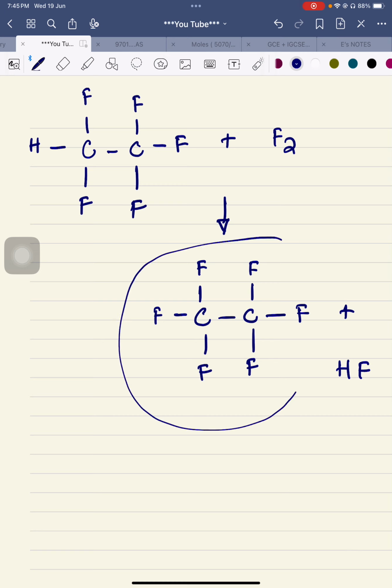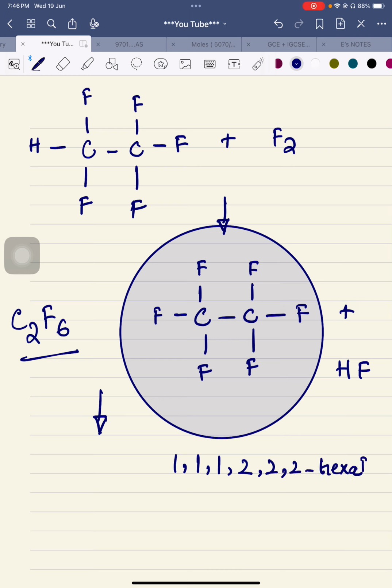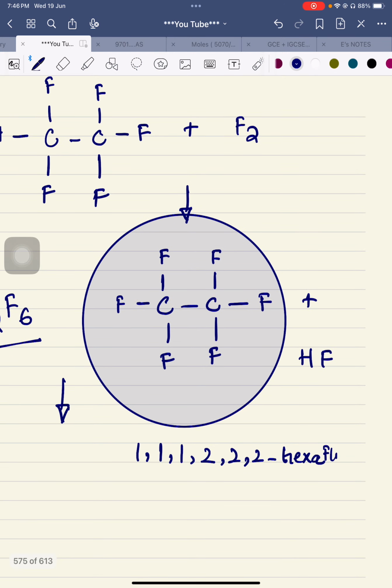So what is the formula for this? It can be called C2F6. And what is the name? It is 1,1,1,2,2,2-hexafluoroethane. As I'm short of space, I'm writing here hexafluoroethane.